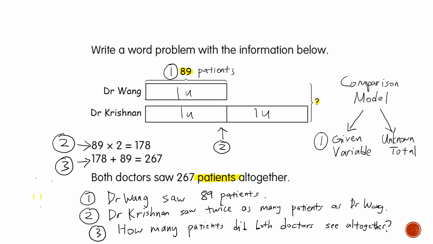We got it from here, and we got it from the sentence, and of course we got it from here. Now you can arrange the first and second line of the question the opposite way, it is up to you, or even phrase it differently. For example, the third line you can say, how many patients did both see in all? It's up to you. But the idea is there are 3 pieces of information that must be in the question.